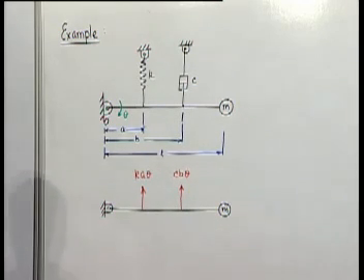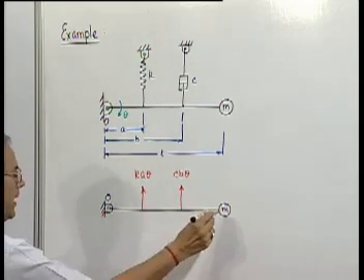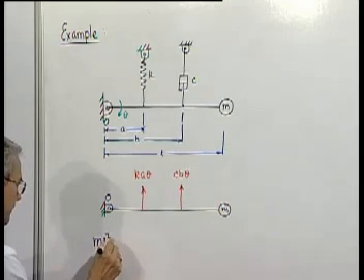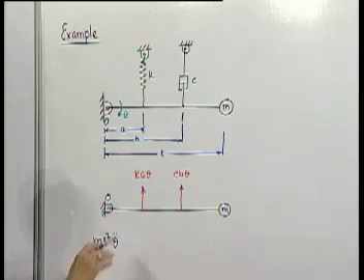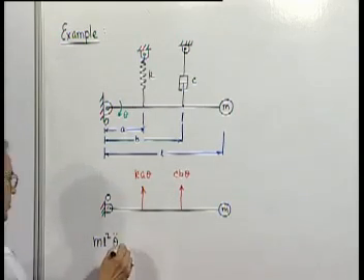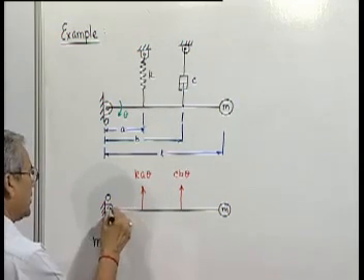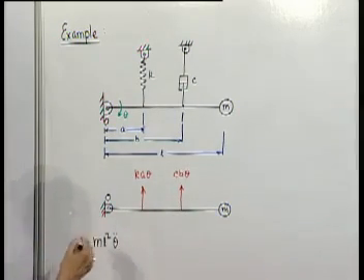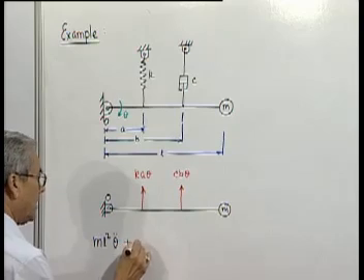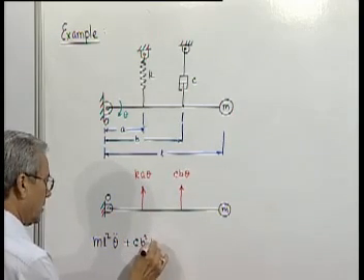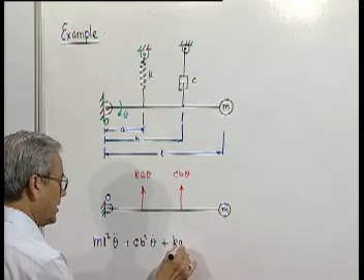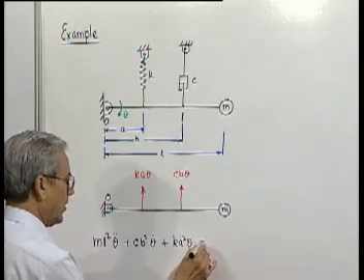So, the equation of motion we can now write about point O: m l square theta double dot will be equal to the total moment in that direction, which will be minus this into A minus this into B. So, if we bring it to the same side, we will get plus C B square theta dot and plus K A square theta.